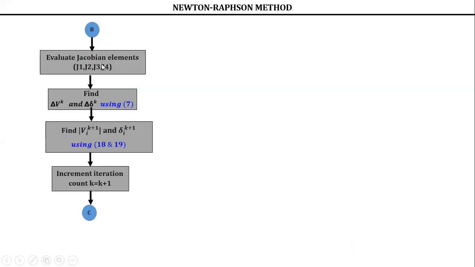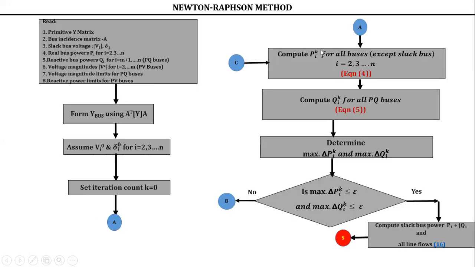So where is the 10th step? Here, evaluate, continue, next step, then increment. And after this, go to this step instead of writing C. What is the number given for this step? That step number you write. That is your algorithm. Understand? That is the only difference between flowchart and algorithm.